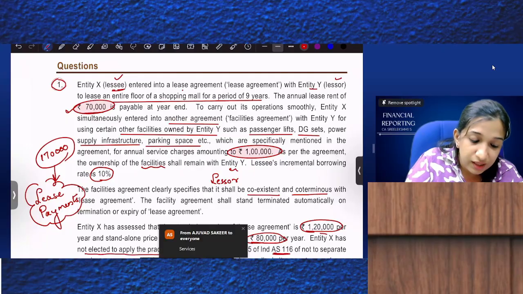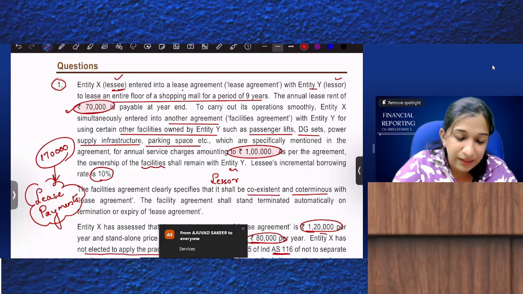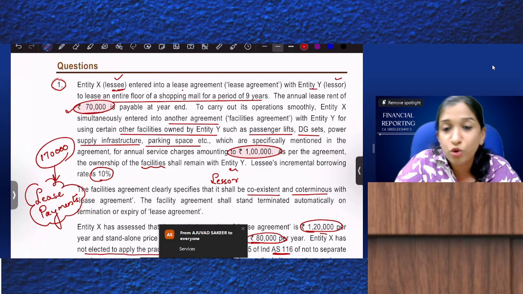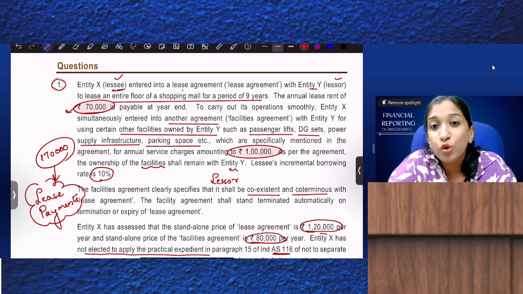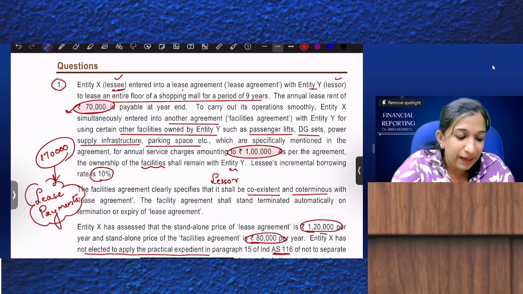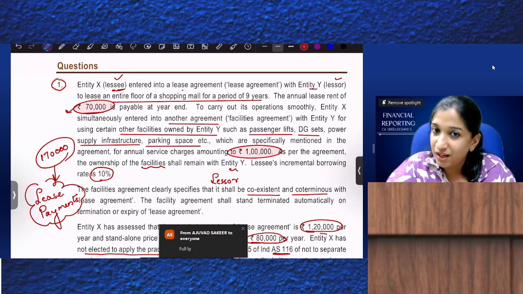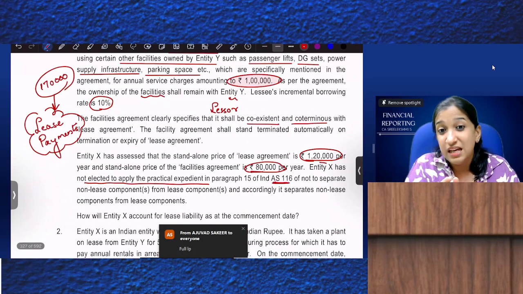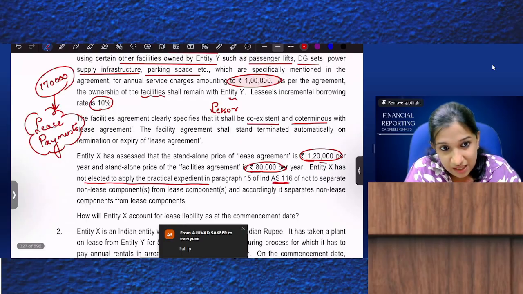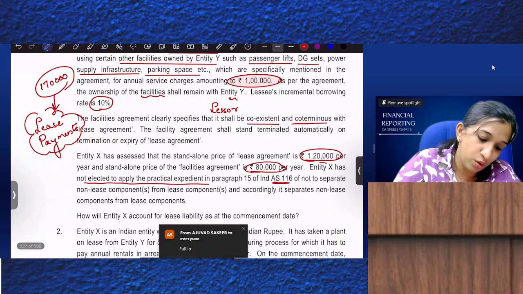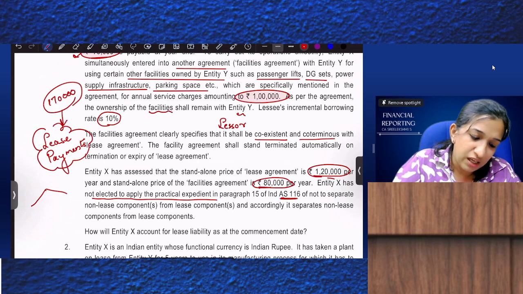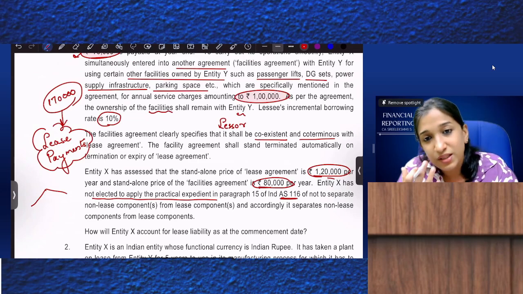Exactly. So here, the company has decided not to apply the practical expedient, which means they decided not to combine this 1,70,000. They want to split and account. They want to record lease liability separately. They want to record service payment separately. If it separates non-lease components from lease components, how will this be accounted?